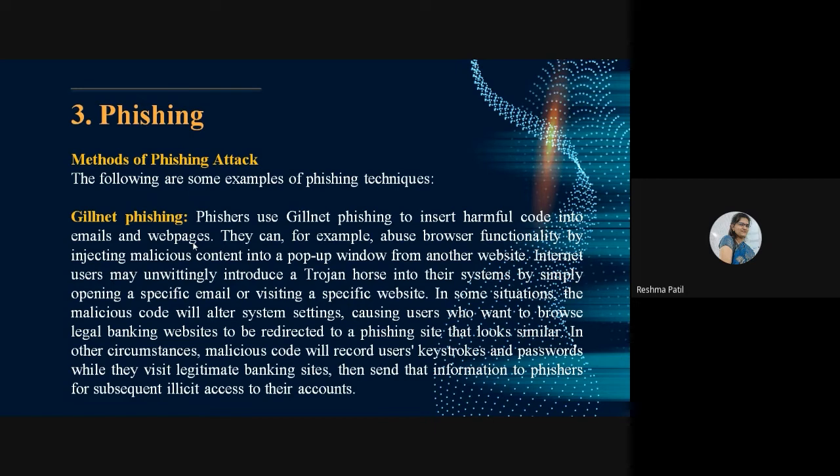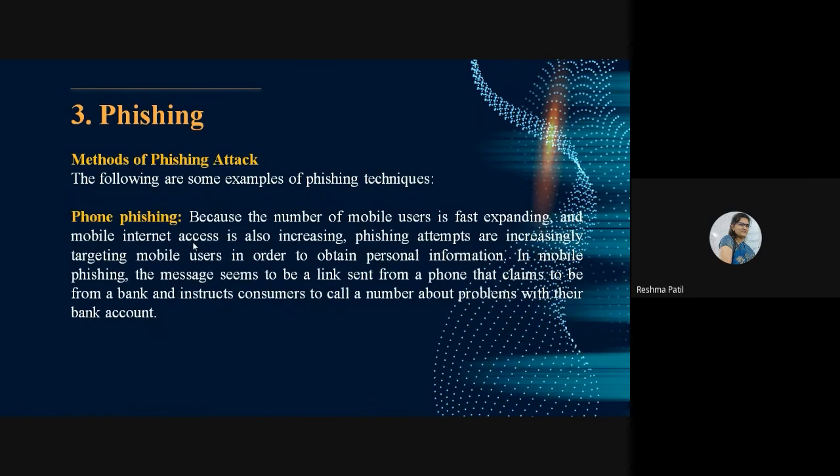When that virus is installed, it will change your system settings, and whenever you try some URL, that URL is converted into a fake website. It will redirect you to a fake website, and you will enter your credentials. Those credentials will pass to the phisher in this method, Gillnet phishing.